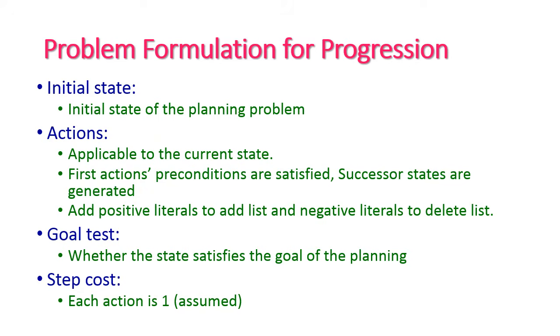And next, add the positive literals to the add list and negative literals to the delete list. And next one is goal test, whether the state satisfies the goal of planning or not. And the last one is step cost. As we can assume, the step cost is 1 for each action.